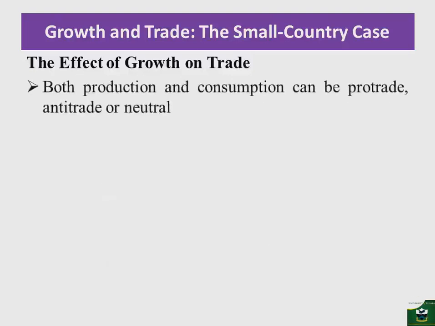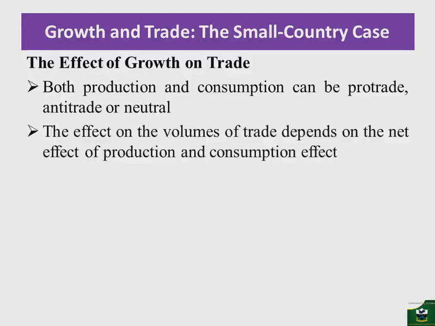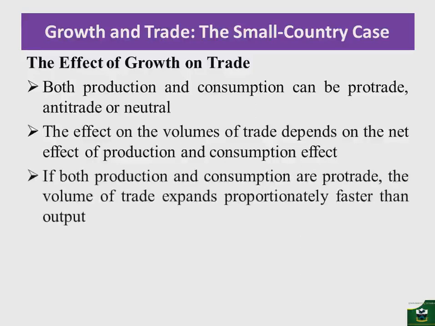So we should note that both production and consumption can be pro-trade, anti-trade, or neutral. And with that, we see that the effect on the volumes of trade will depend on the net effect of the production and consumption effect. Then if both production and consumption are pro-trade, the volume of trade expands proportionately faster than the output.